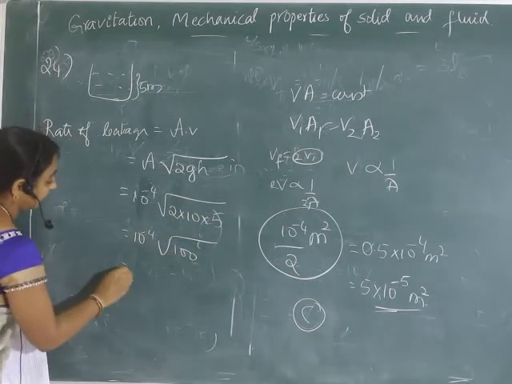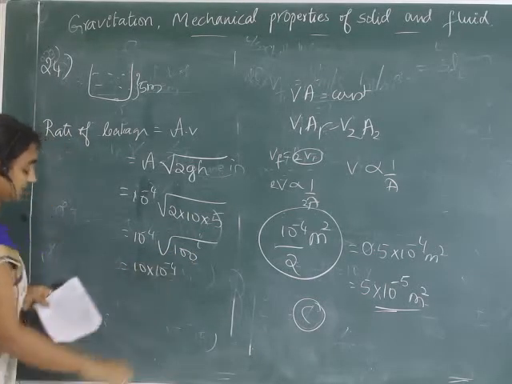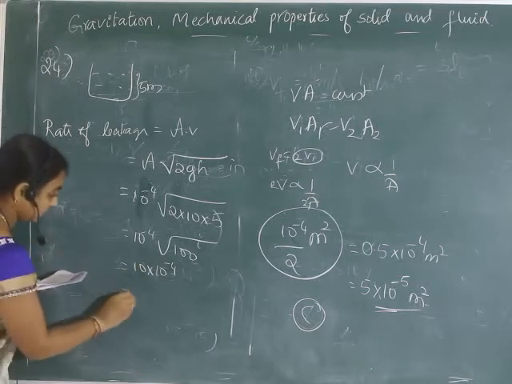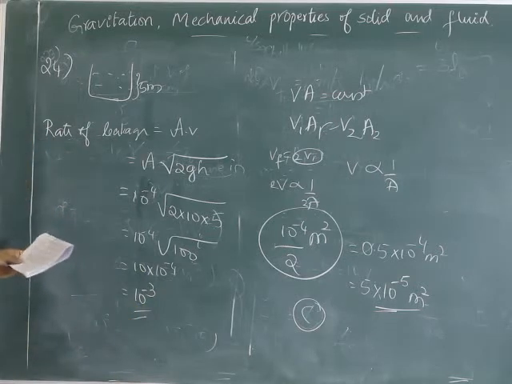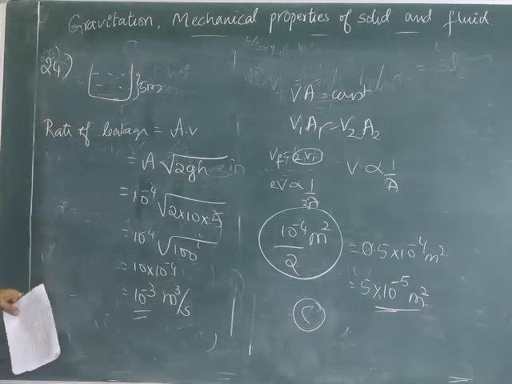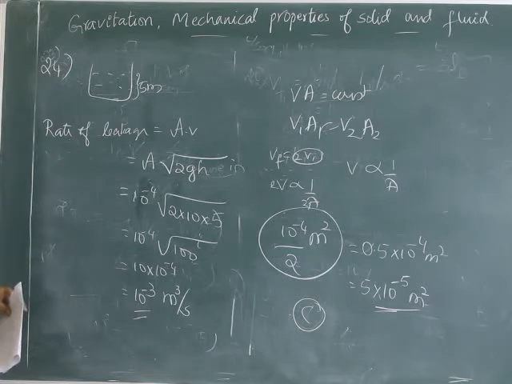So 10 into 10 to the power minus 4 is the rate of leakage, which is 10 to the power minus 3. What is the unit? Meter cube per second, because area into velocity is meter per second times meter square. Option A.